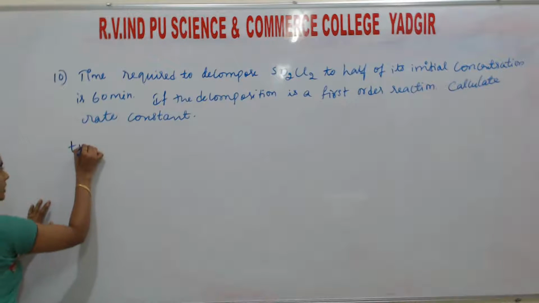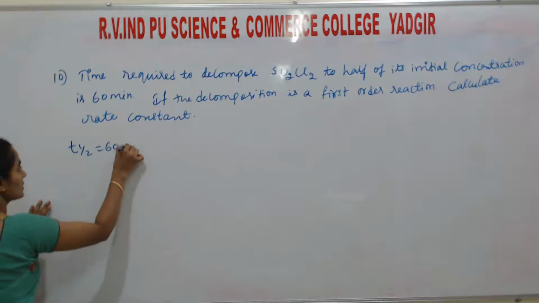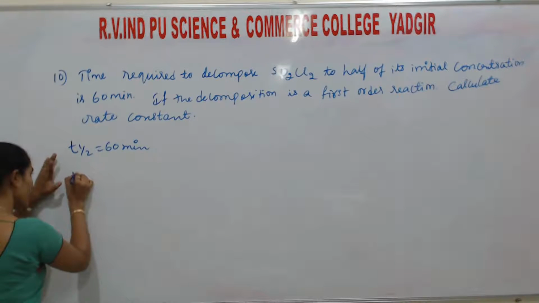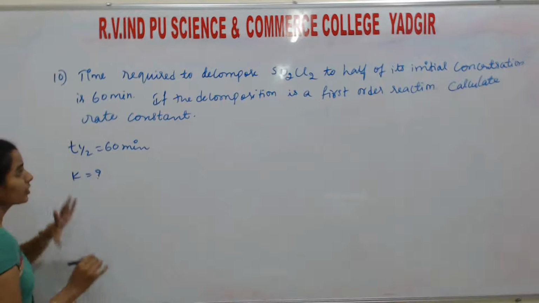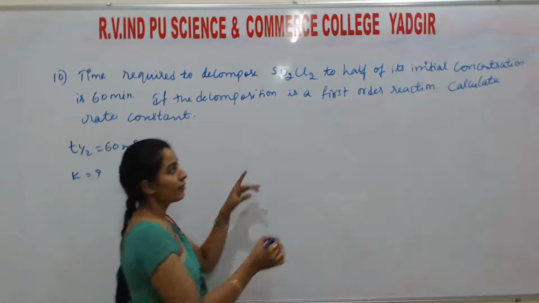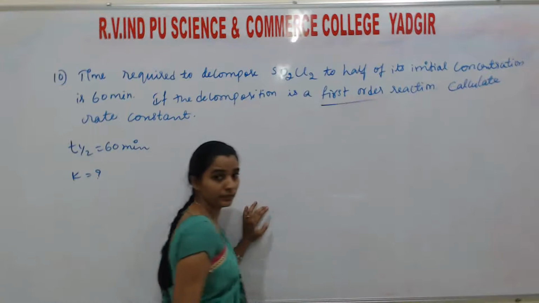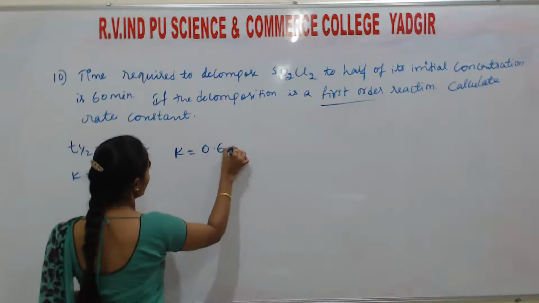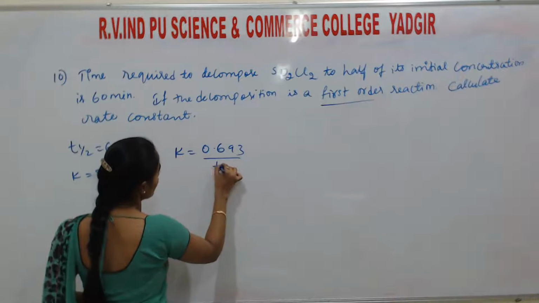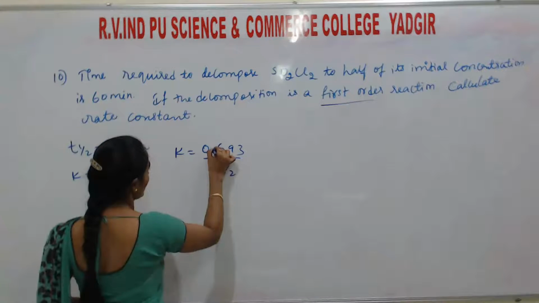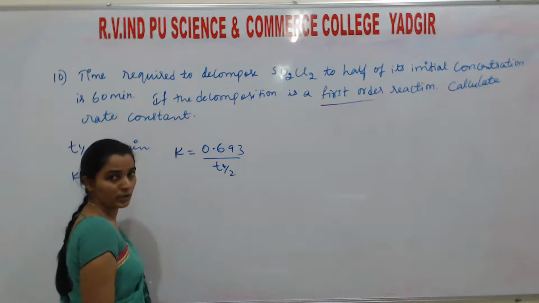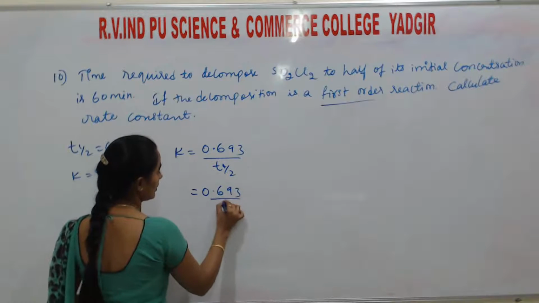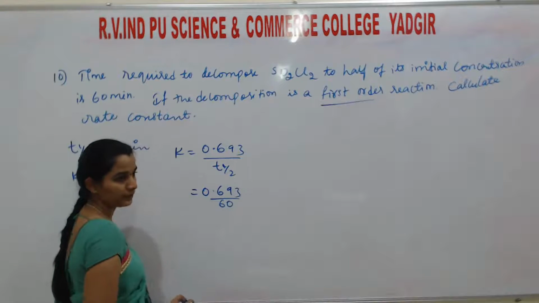So here they have given 60 minutes. Okay, so we have to calculate k. They clearly mention it is a first order reaction. The relation between the rate constant and the half-life period for a first order reaction is k is equal to 0.693 divided by T half. We have T half value, that is 60.